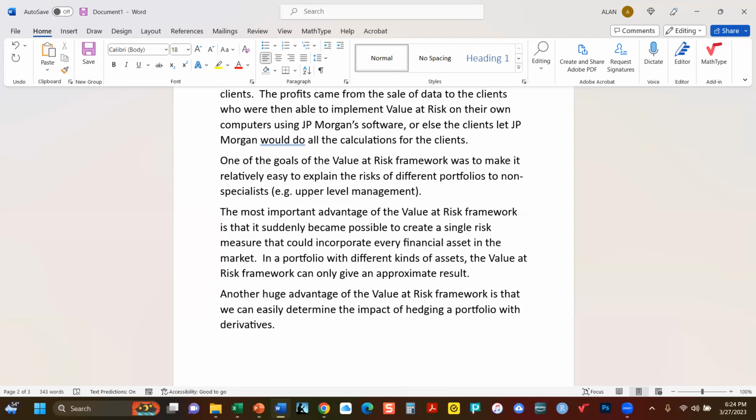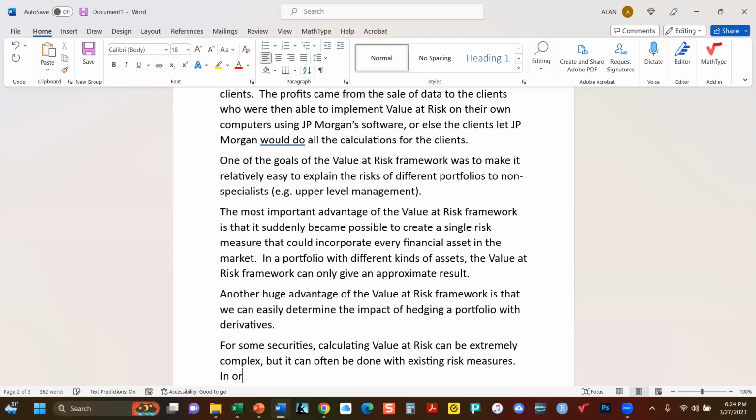Now, having said all that, for some securities, calculating value at risk can be extremely complex. But it can often be done with existing risk measures.